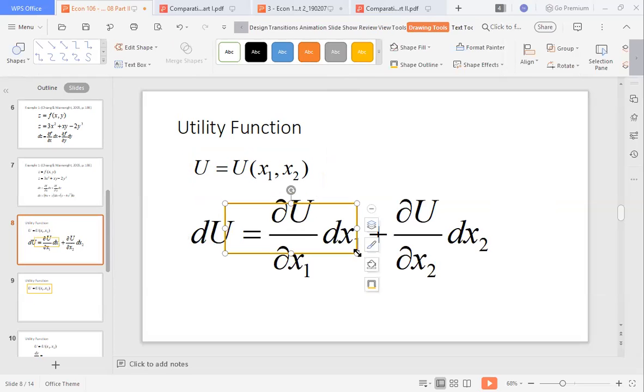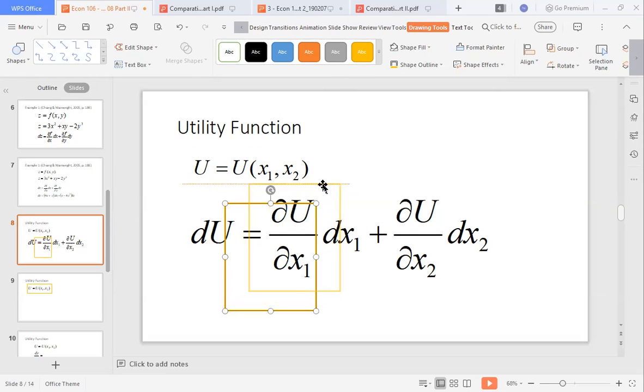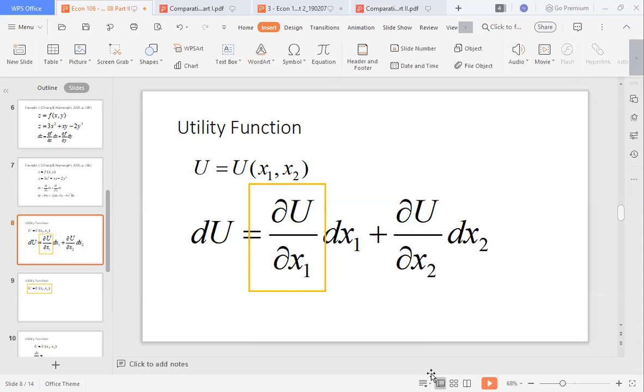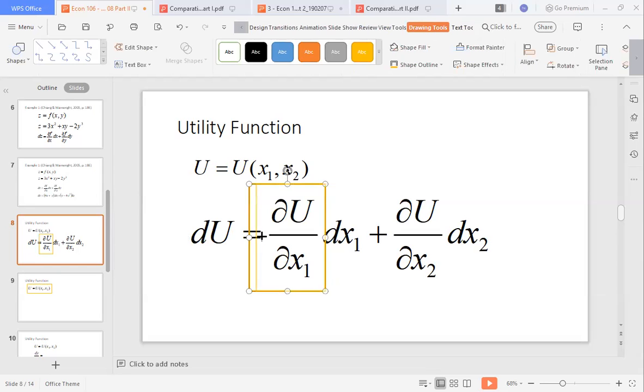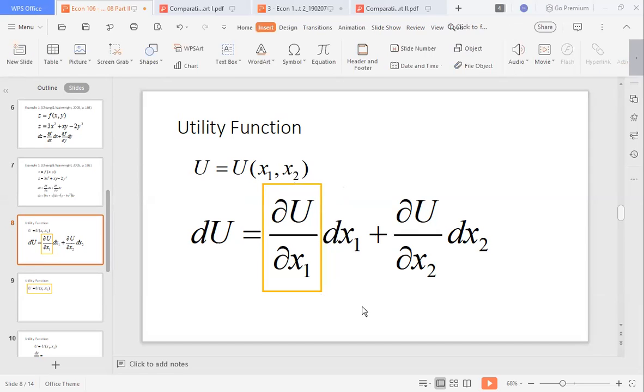Now in this case, class, what do we mean again by this one? Yes, Atiga, partial u partial x sub 1, we refer to this in consumer theory as what again? Right, okay, we have marginal utility of x.